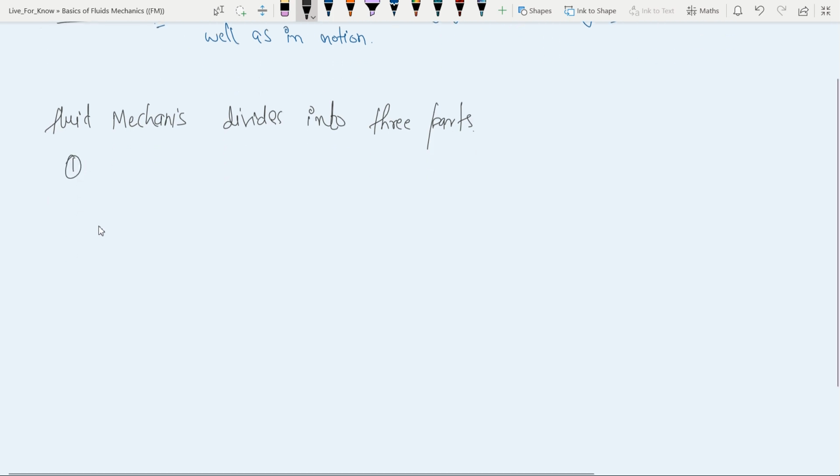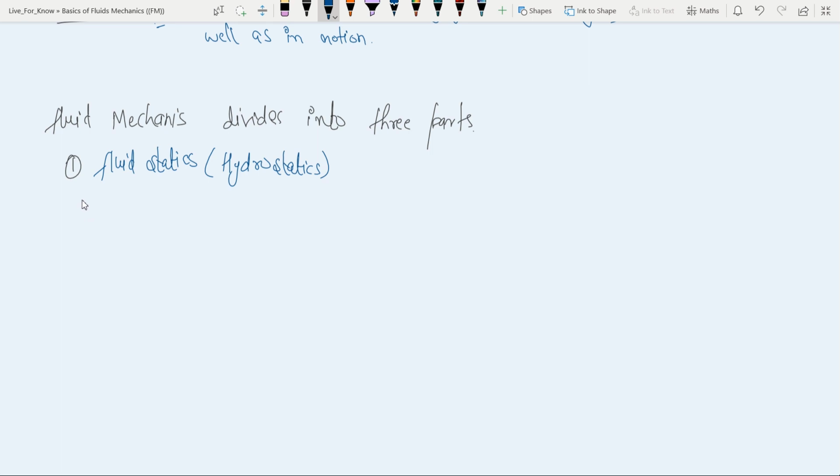Number one is fluid statics, and there is another name, hydrostatics. Number two is fluid kinematics. And number three is fluid dynamics.